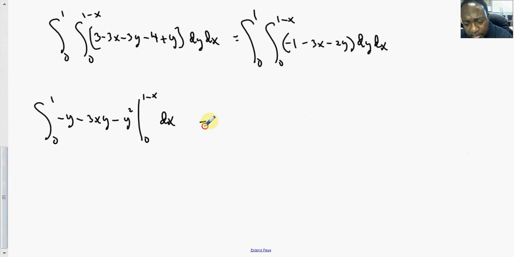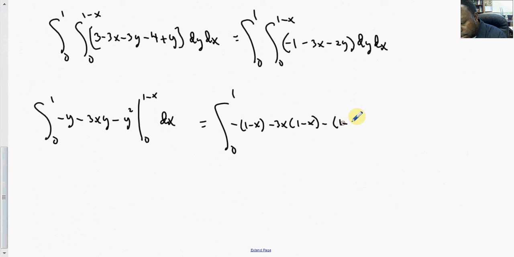And here we have dx. This is the integral from 0 to 1. Replace the y with 1 minus x. So this is parentheses negative 1 minus x minus 3x times parentheses 1 minus x minus 1 minus x to be squared.